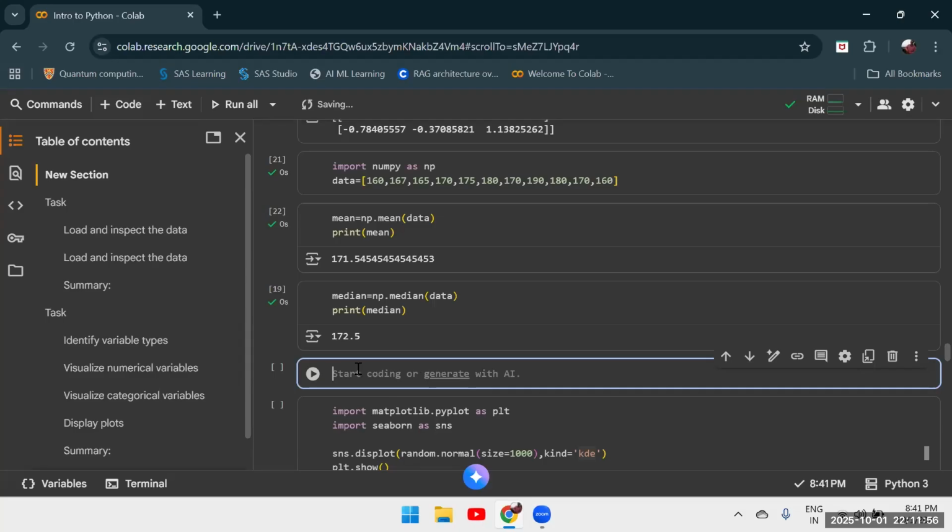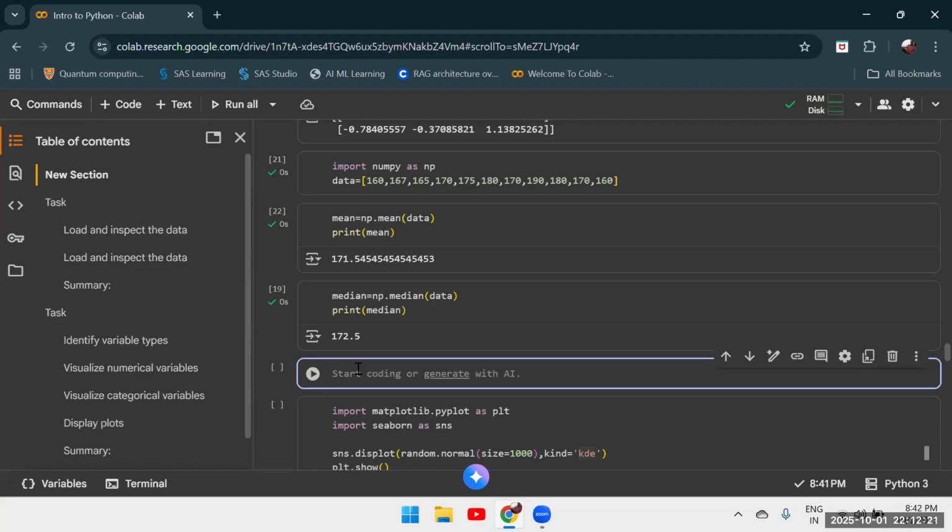So mode is nothing but the value that occurs most often in your data set; that value will be considered. In some scenarios we'll be considering mean, in some scenarios mode, or in some scenarios median also.